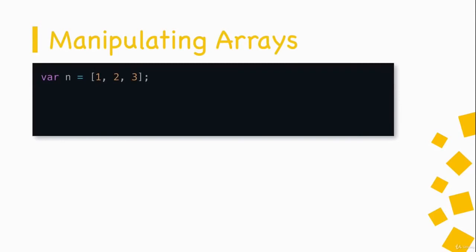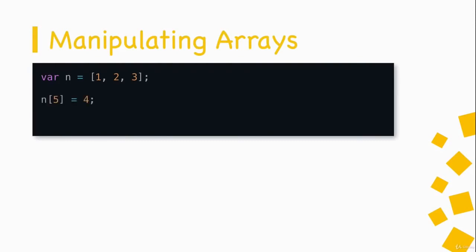Now, when manipulating arrays, you must be careful that you always manipulate elements that actually exist, unless you're specifically doing it for some other reason. So for example, here we have a variable n, and it equals an array. This array has 3 values, 1, 2, and 3, with index numbers specifically 0, 1, and 2. We have 3 elements ranging from index 0 to 2.